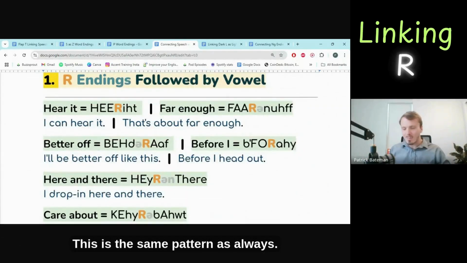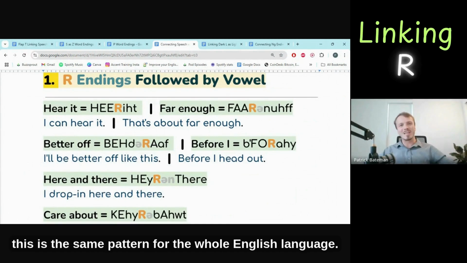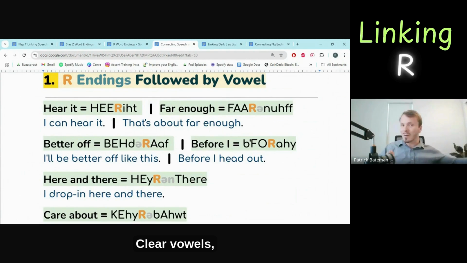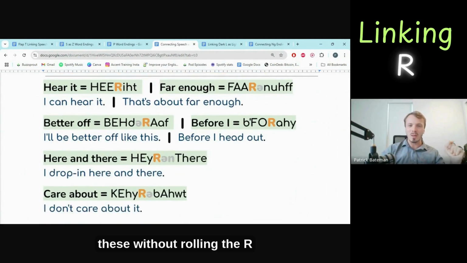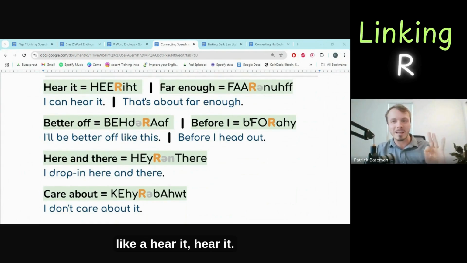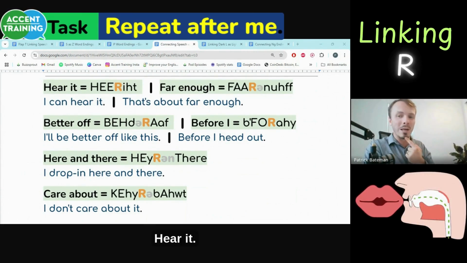This is the same pattern as always. And the reason I keep mentioning that is because this is the same pattern for the whole English language. Clear vowels, softer consonants. Let's get those R's connecting between these without rolling the R like "hear it," but flaring it, "hear it," or "far enough."